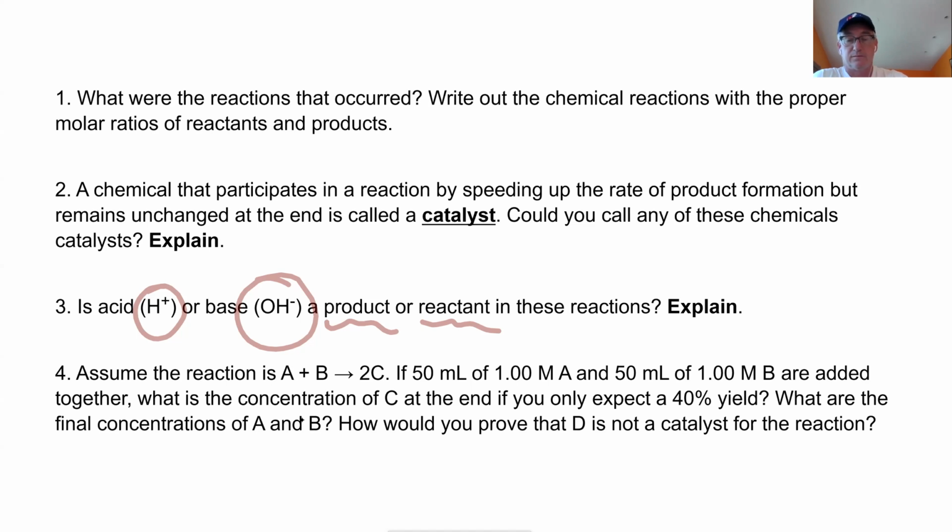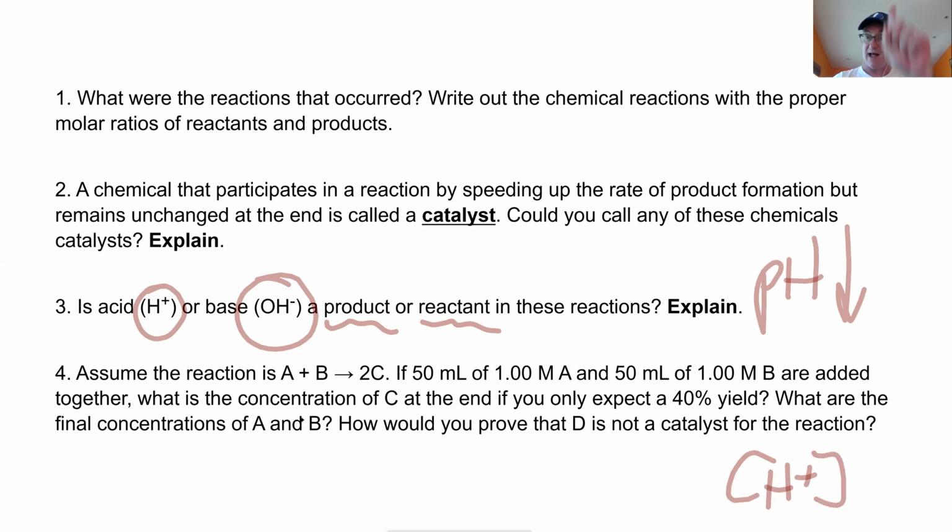The pH will go down. So down, remember pH goes down when it's more acidic. So when the concentration of H plus goes up, the pH goes down. So if we made more hydroxide ion, would the pH go up or down?